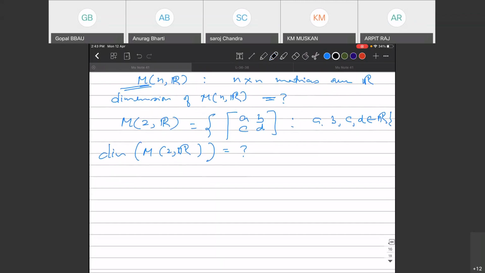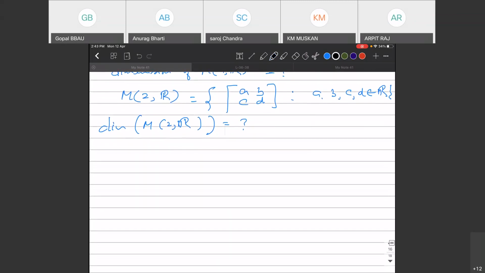So for this, first we find a basis of M2R. Okay, so I'll give you a basis first: 1 0 0 0, 0 1 0 0, 0 0 1 0 and 0 0 0 1.